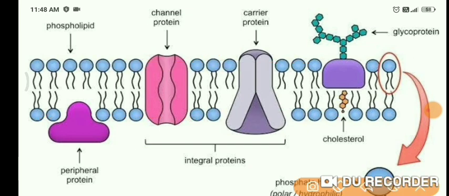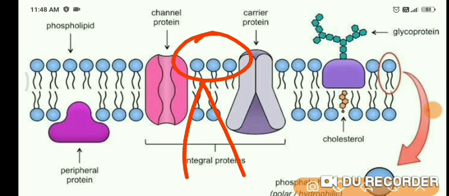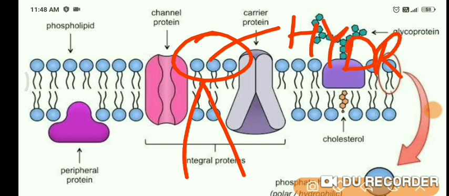After this, it is made up of phospholipid. You can see here, it is made up of phospholipid. So what is phospholipid? It is a structure of this kind, this one. This structure, the upper one, is called hydrophilic.